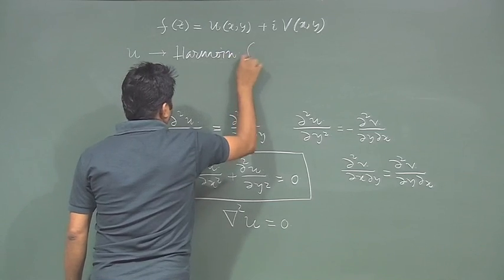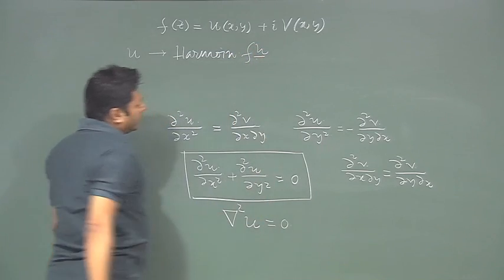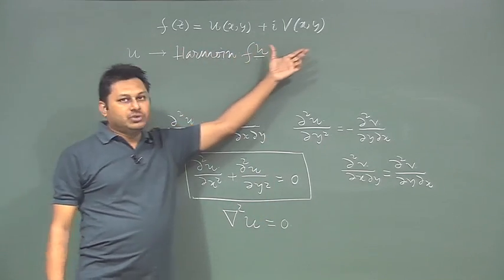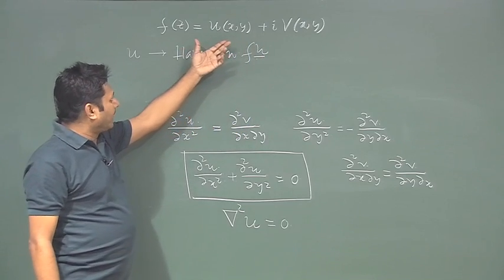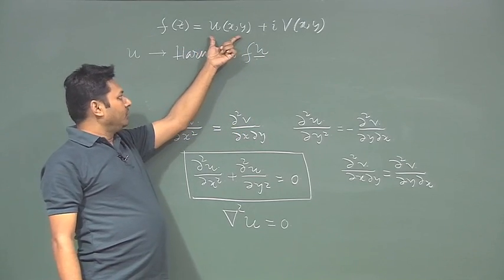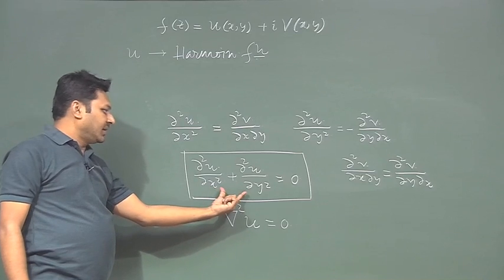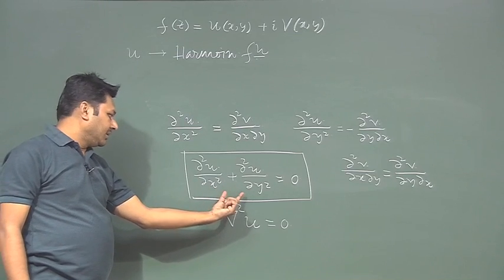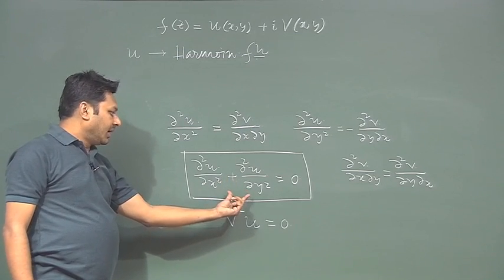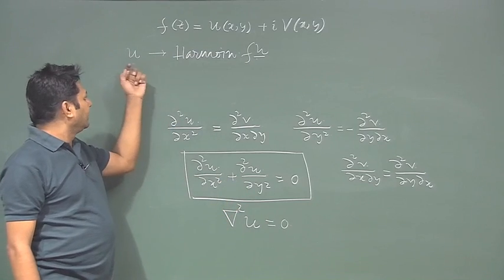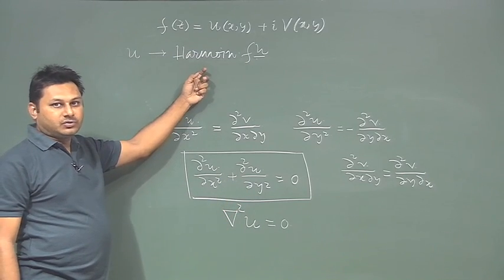If u and v are given to you, and if you want to find out the nature of u, you will find that u follows a very nice expression, and from this expression you can readily see that u is a harmonic function. So no doubt about that.